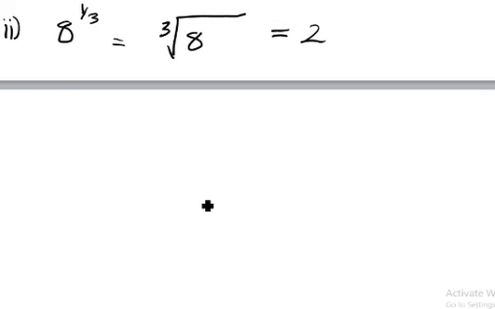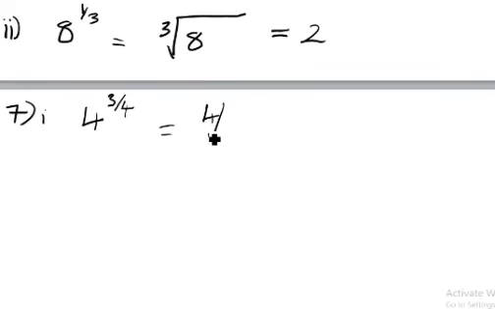So let's move to example 7. Number 7i. Let's take for example, we have 4 raised to the power 3 over 4.